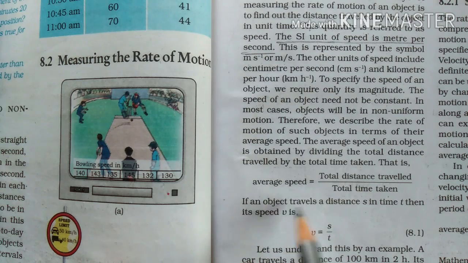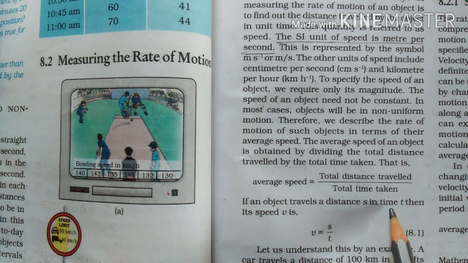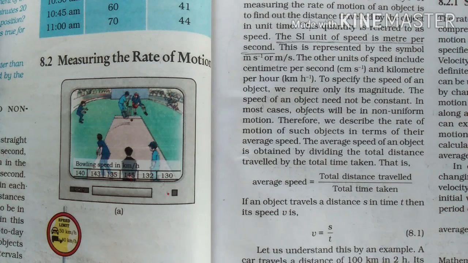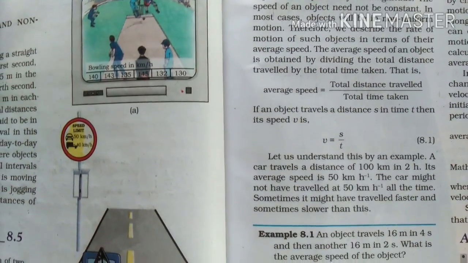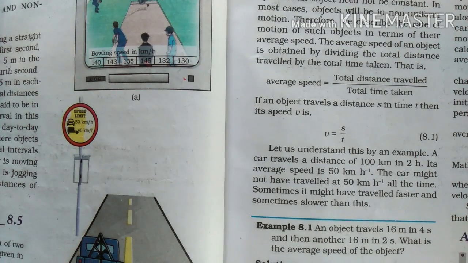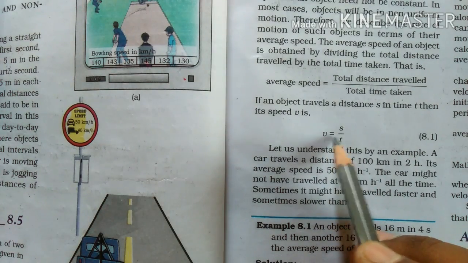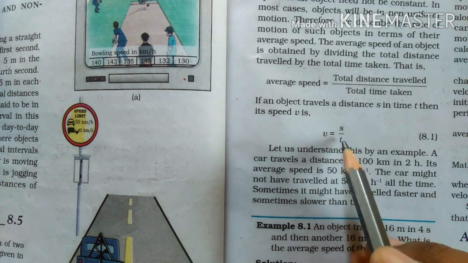If an object travels a distance s in time t, then its speed v, now here average speed, is equal to total distance upon time.